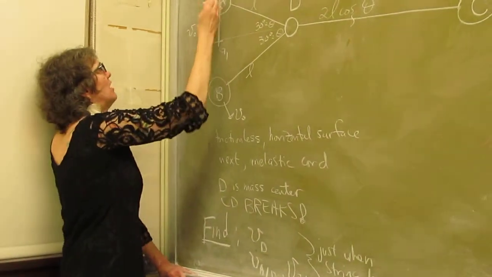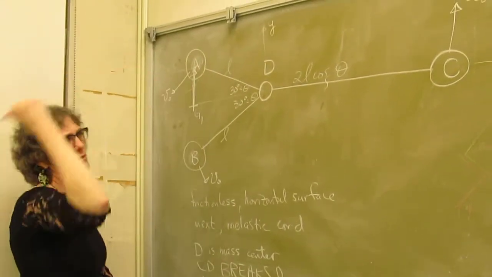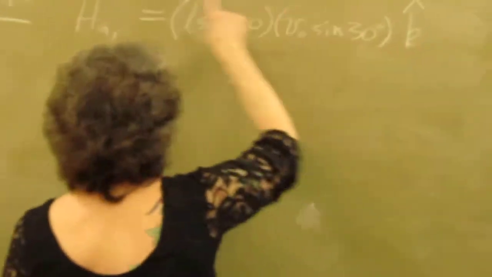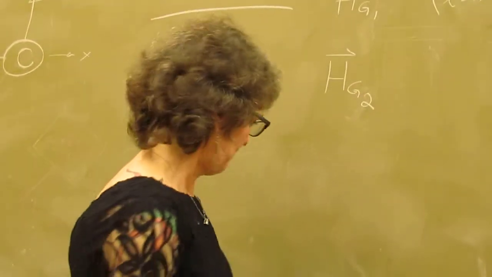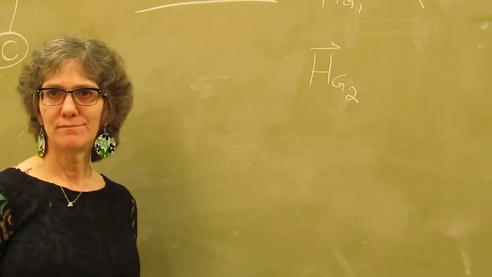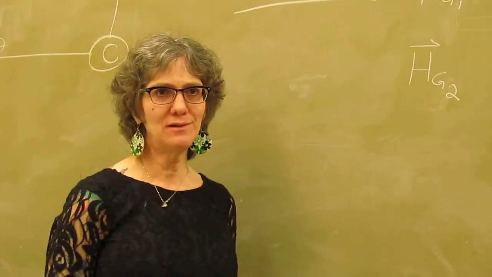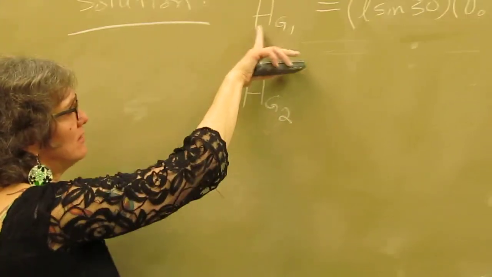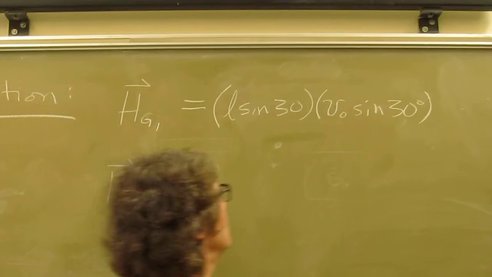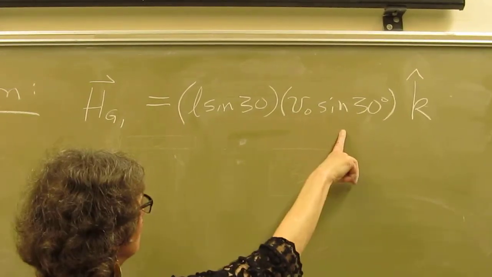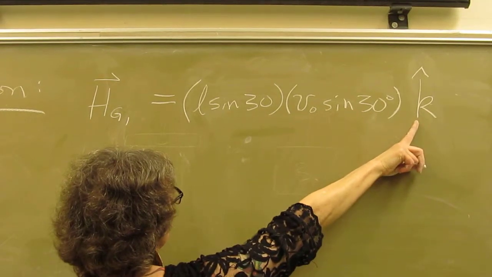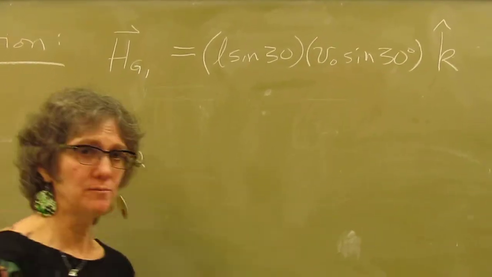Because if this is R cross mv, I'll just stick a K here to make it, oh, very important, by the way. It drives me nuts when students do stuff like that. Do you see the problem? Yeah. This is a vector, this is a scalar. You can't have a vector equal a scalar. So the magnitude of the vector is this and the direction is K, right? R cross mv.